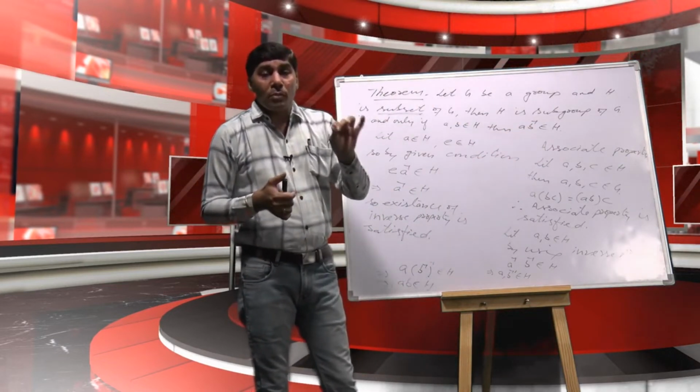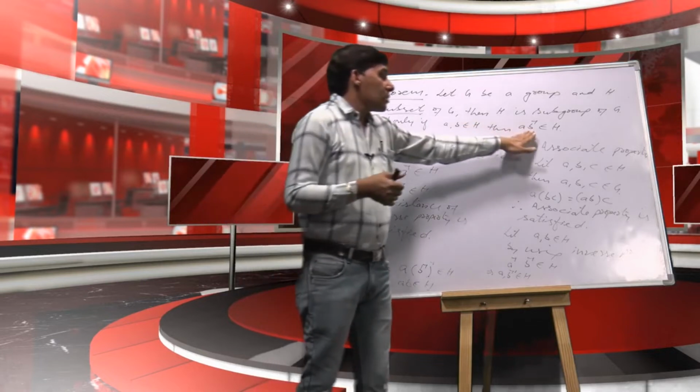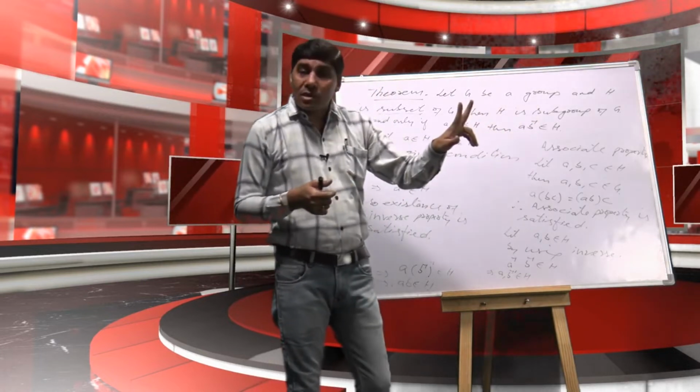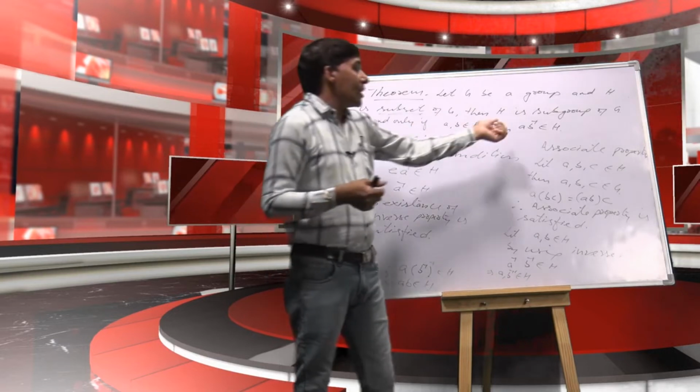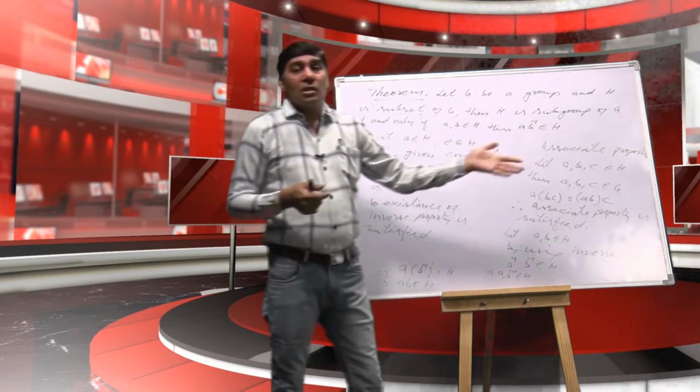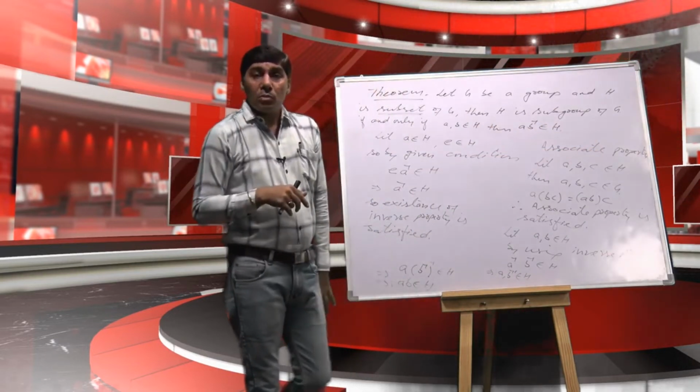So to prove a subgroup, we need only one thing: we take two elements of the subset, and if we prove that a into b inverse belongs to H, then H becomes the subgroup.